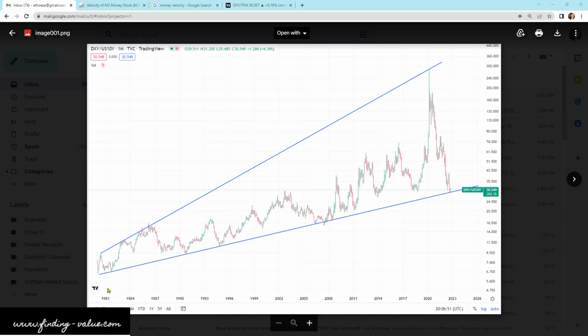Most everyone, and I was born back in 1981, has been living in this paradigm of a DXY increasing at a faster pace than yields, at least by that relative strength indicator. Now, we could be playing with this bottom trend line where we could potentially break to the downside.